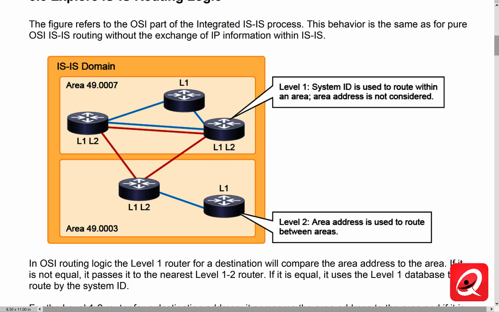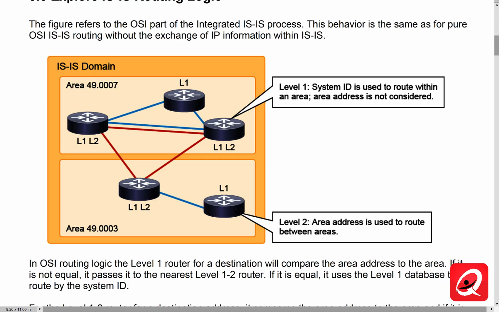So, we've already talked about this routing logic concept, basically, and the bottom line is this, right? If I'm a level 1 router, and I'm looking at a destination, and the destination area is not my area, then I'm going to need to send that information over to the next level 1-2 router. It would have to be a level 1-2 router because it still has to be a router within my area, which means it has to be a level 1 router, but it also has to be a level 2 router because we know that the traffic is going to a destination outside of the area.